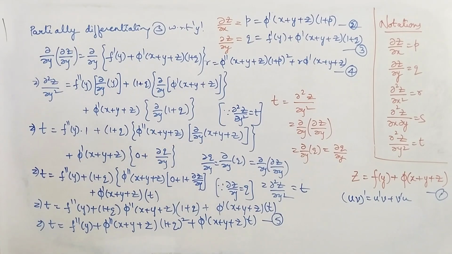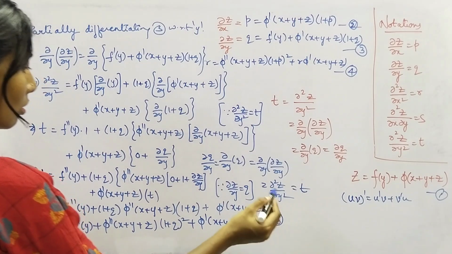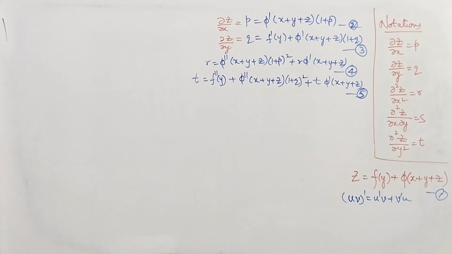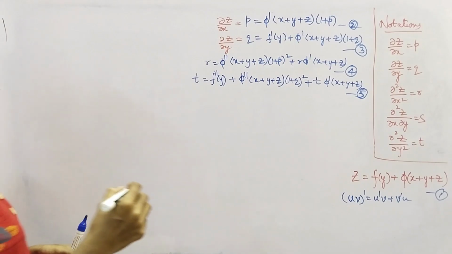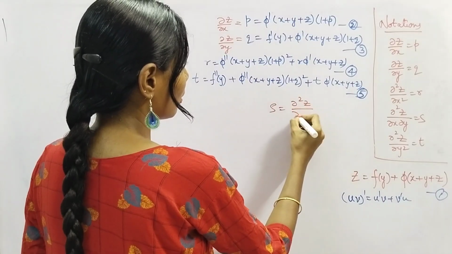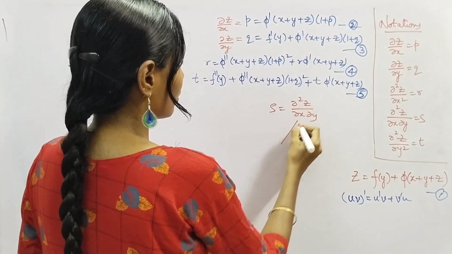We'll find an equation involving s also, because the equations which we are having are not enough to find the partial differential equation. Now, we know that s is nothing but dou square z by dou x dou y.